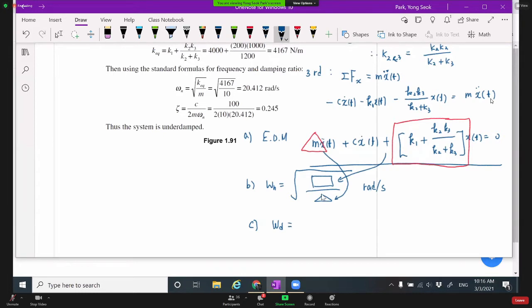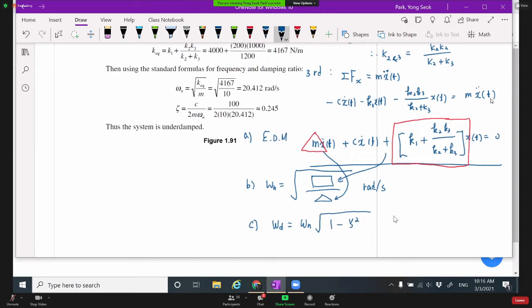I think it was the natural frequency times the square root of 1 minus the ratio squared. Yeah. Omega D equals omega N times the square root of 1 minus zeta squared. All right? Would you be able to do that?